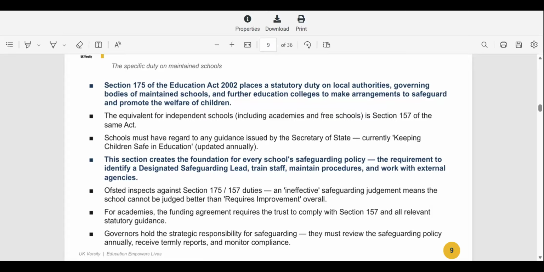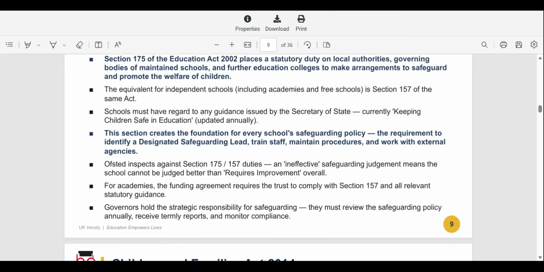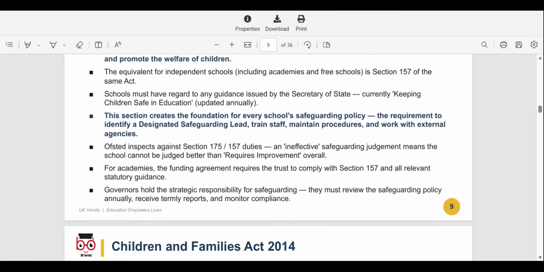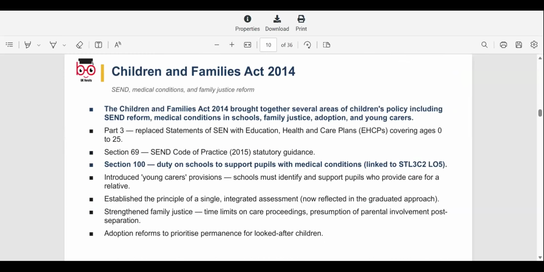They have a legal duty to create, implement and maintain effective arrangements to keep children safe. They have statutory guidance from the government to shape local policies as well, so that safeguarding is not ineffective and effective safeguarding is taken into account.